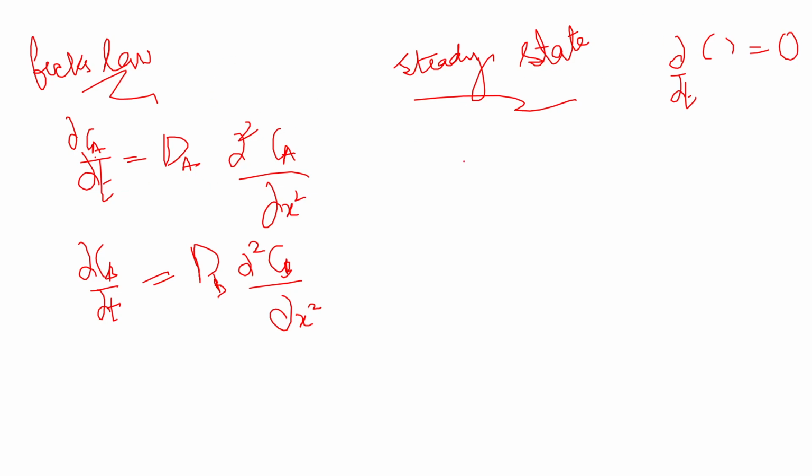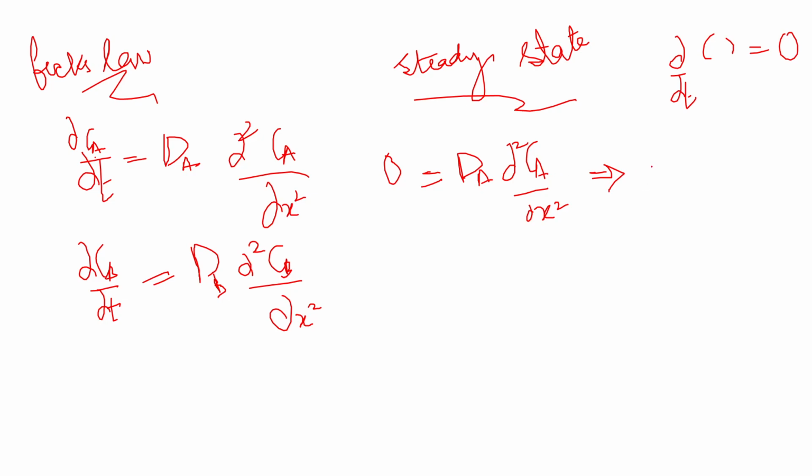So dou C by dou t equal to 0, which equals dA dou square C by dou x square. What does this mean? dA can go because it's 0 on that side.